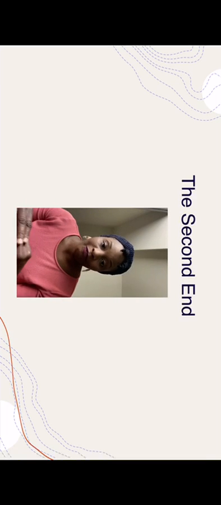That's what the hierarchy is. It's a guide. And if you'll notice, if you're moving from the bottom up, the hierarchy moves from the most intrusive prompt level, which is hand over hand, to the least intrusive prompt level, which is a visual prompt. So it goes from most intrusive to least intrusive.